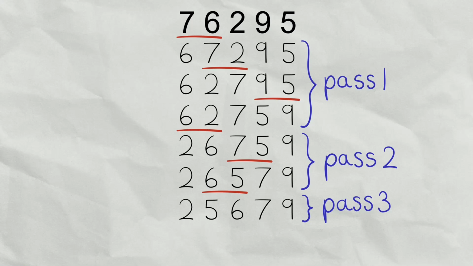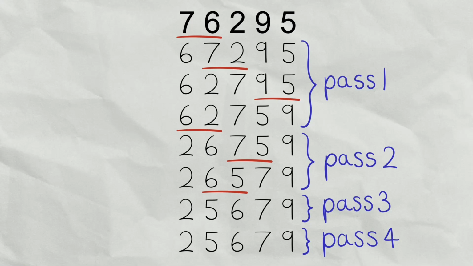Now well done to any of you who've realised we haven't finished yet. Since we made a swap on the last pass, the algorithm will keep going. We'll compare each of the elements, realise that no swaps are made, but we should still write out the list again and label it pass 4 so we can get full marks.